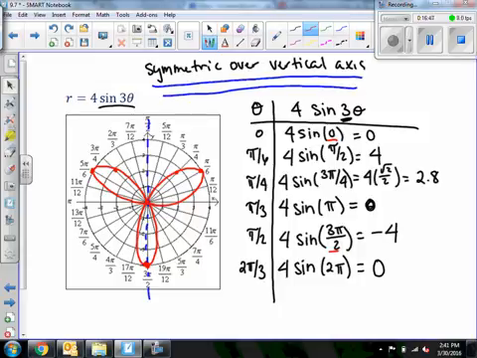Once you get used to doing these, you're going to be able to recognize the symmetry and fill the graph in completely with fewer points. Also, the further we get into this, we're going to be able to tell you right away how many petals it should have and all of that, just from the information for sine of 3 theta. But for today, we're just plotting some points, experimenting with our graphs.